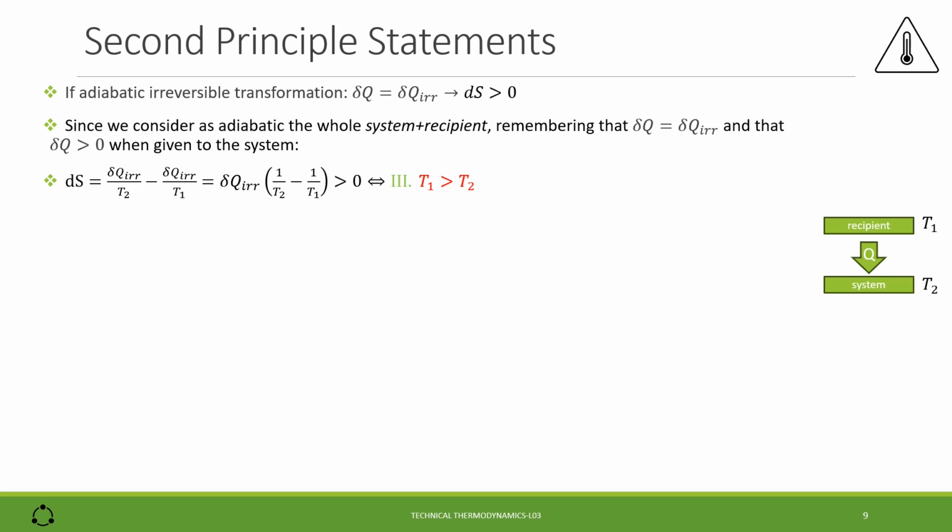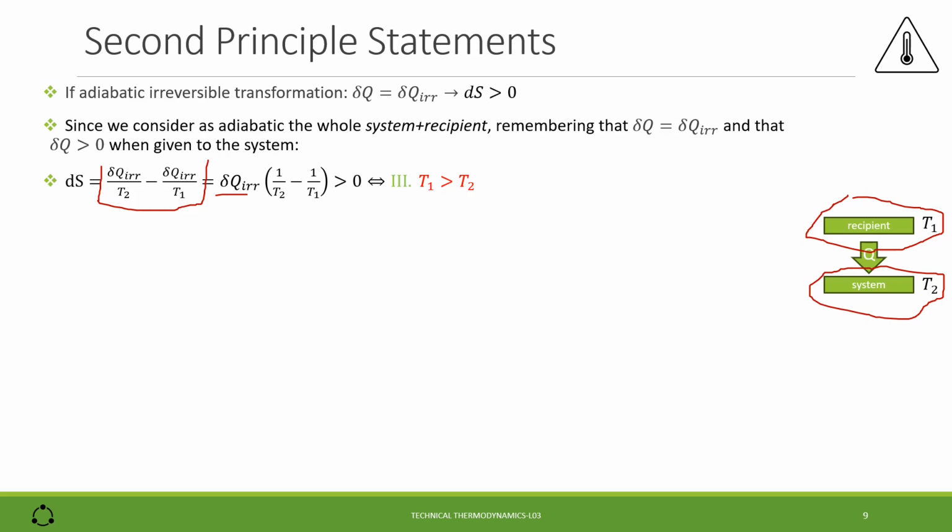The heat is leaving the recipient at temperature T1 and entering the system at temperature T2. And because it is irreversible, the two temperatures must be different. And so we can write this expression and we group the heat and we find into the brackets 1 over T2 minus 1 over T1.